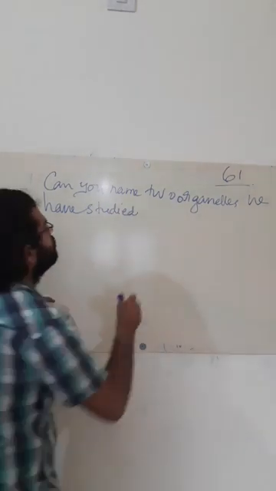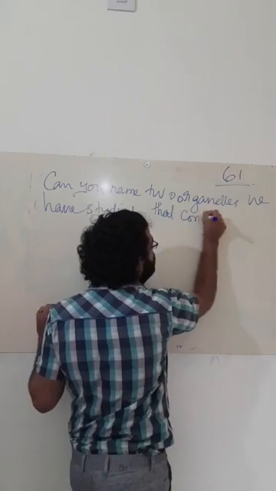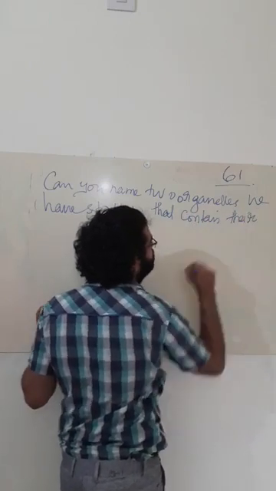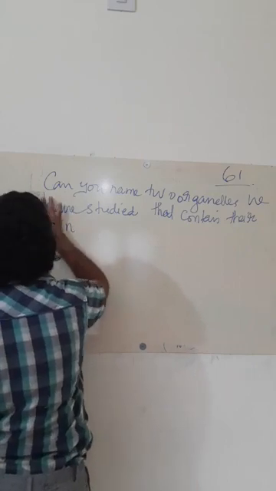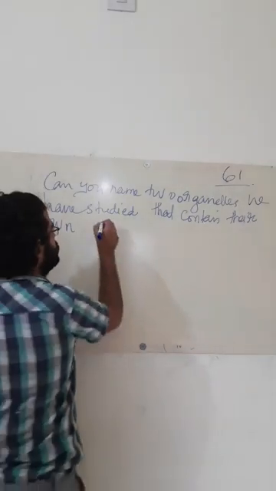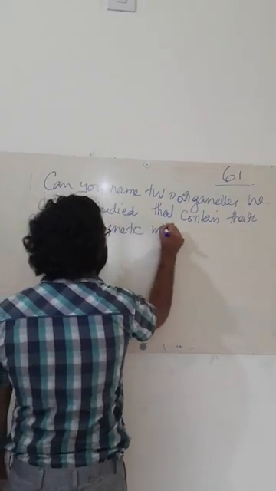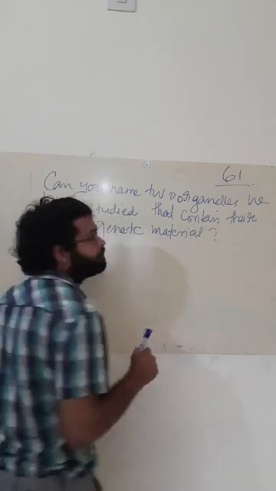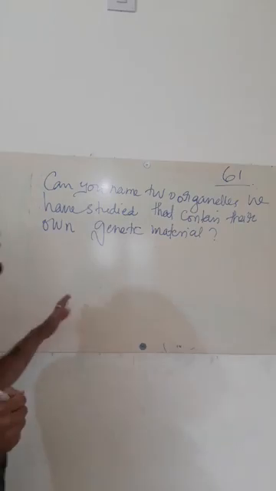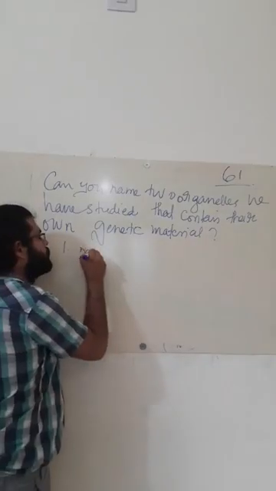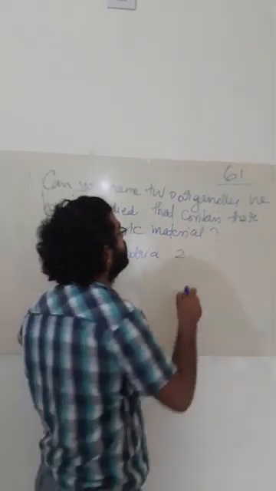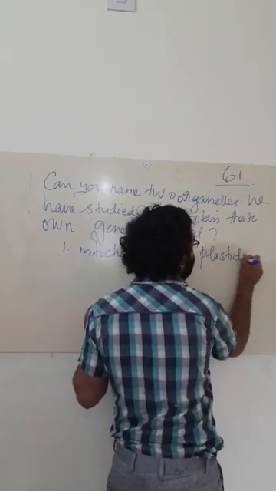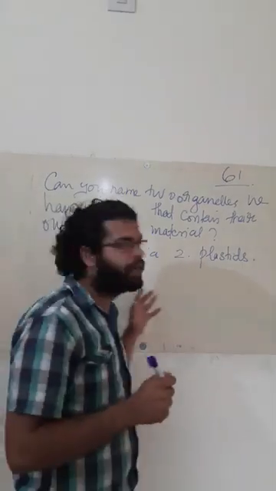The two organelles that have their own genetic material are, first, the mitochondria, and second, the plastids.